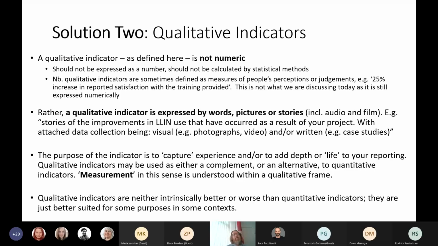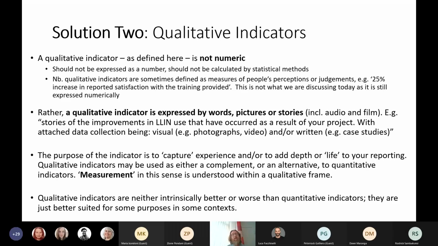Just to be clear, the qualitative indicator, as I'm referring to here, is not numeric. So it shouldn't be something that's expressed as a number or that would be calculated by statistical methods. And the reason I'm saying this is that when you refer to the literature around qualitative indicators, you're often directed to quantitative measures of subjective topics.